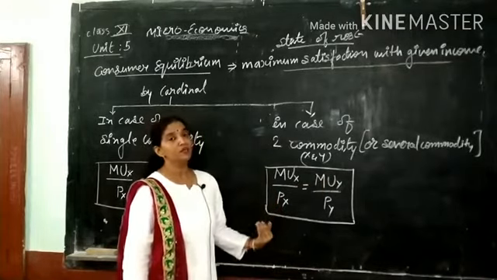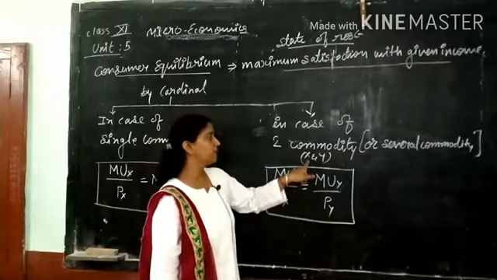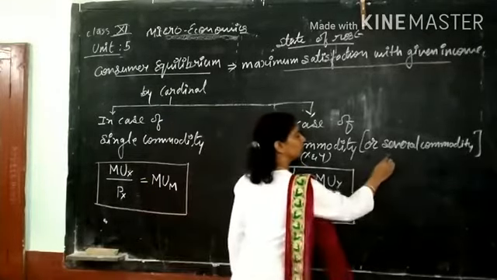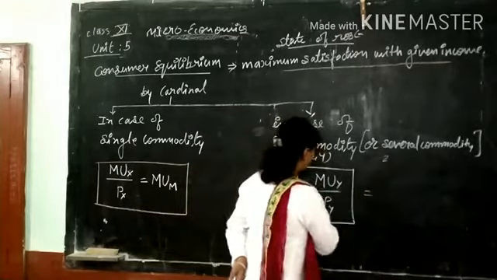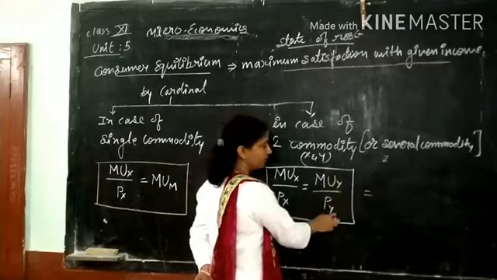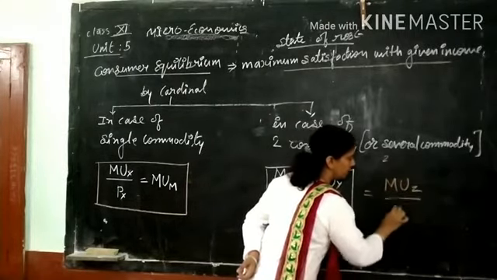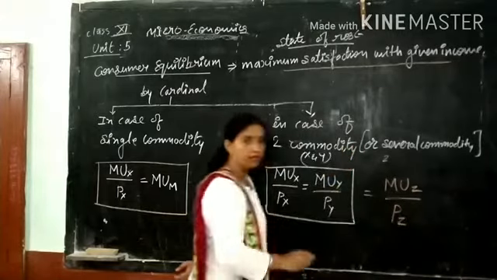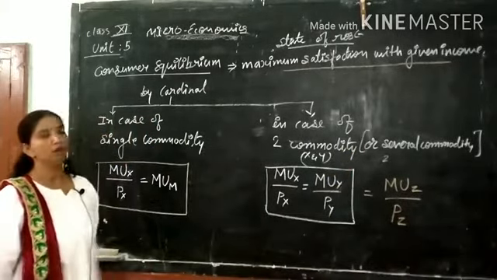In case the consumer is consuming more than two commodities, for example X, Y and Z also, this equation will be MUX upon PX, MUY upon PY and MUZ upon PZ. This is the equilibrium condition for two commodities.